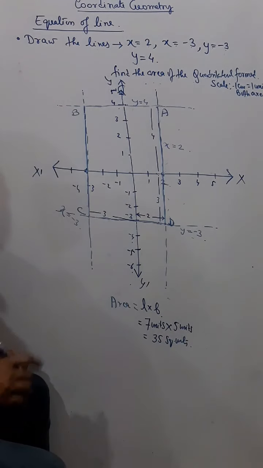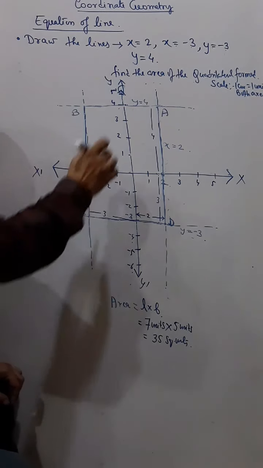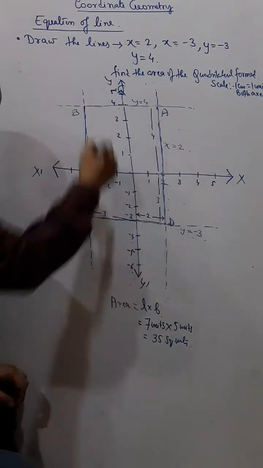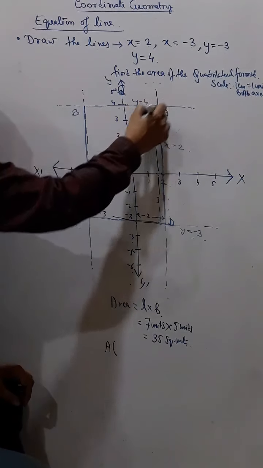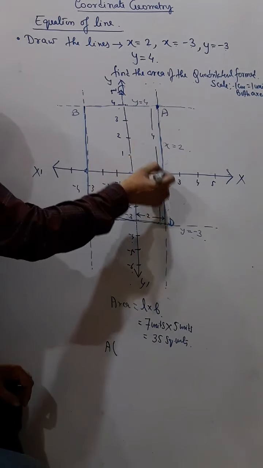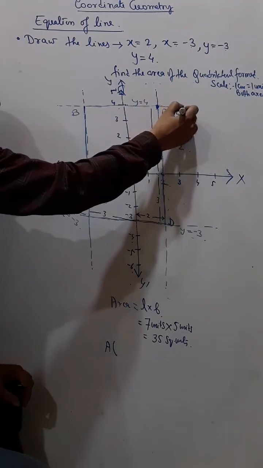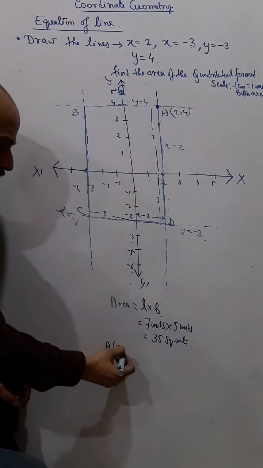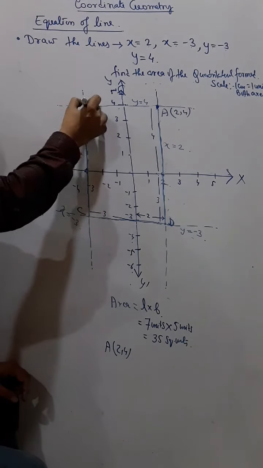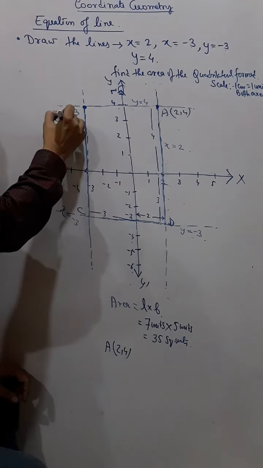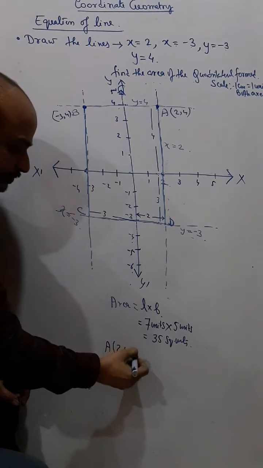Okay. Now see, they can also ask to find the coordinates of A, B, C, D. So what will be the coordinates of A? That's very easy. Coordinates of A will be 2, 4. Similarly, coordinates of B will be -3, 4.